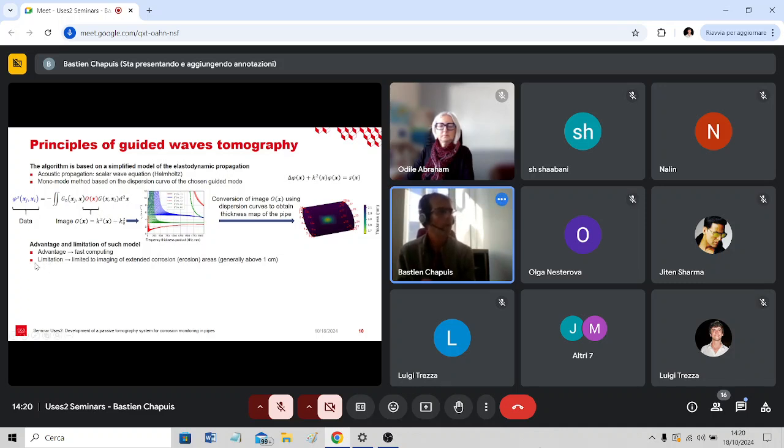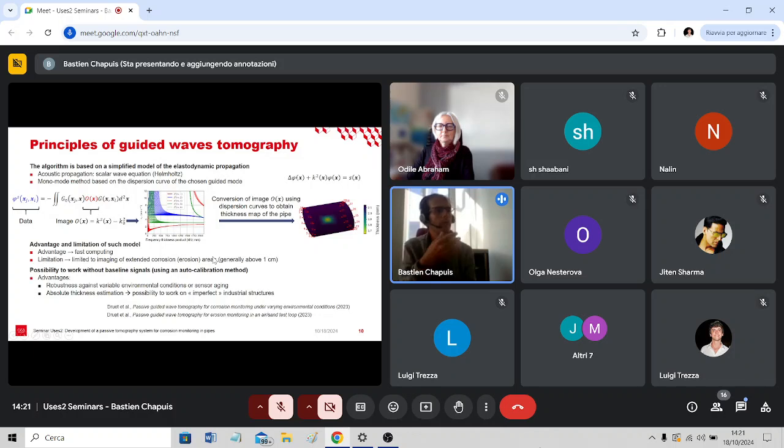But the limitation is that the resolution of these algorithms is limited, so we can image only extended corrosion defects, or maybe the term that is more adapted is erosion. So it's not pitting corrosion, very small pits of corrosion. It's a large area, typically of the order of magnitude of 1 centimeter.